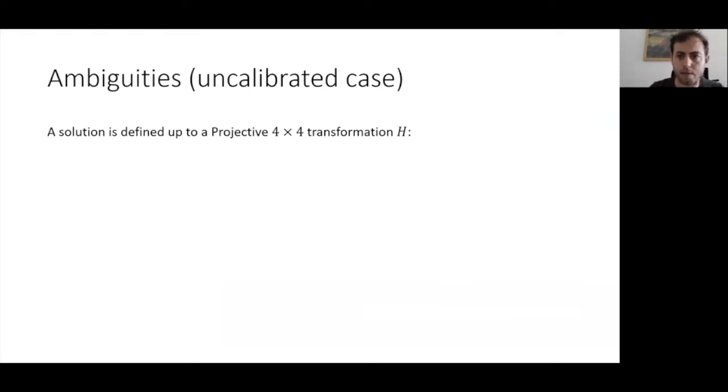So as before, we already talked about ambiguities, but let's define them in the context of two-view structure from motion. So suppose that we have some solution to our problem, P1, P2, and the set of xi's.